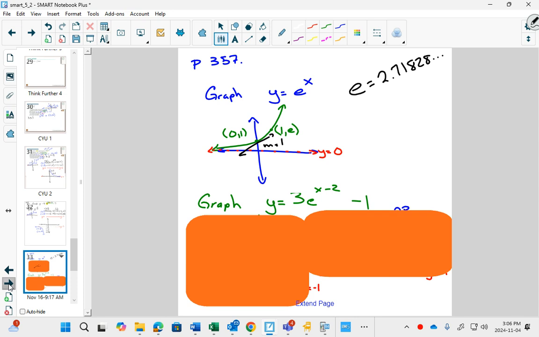If we draw a tangent line at 1, e, it just so happens that the slope of that line happens to be e. If you choose another point, like 2, e squared, the slope of this line happens to be e squared.